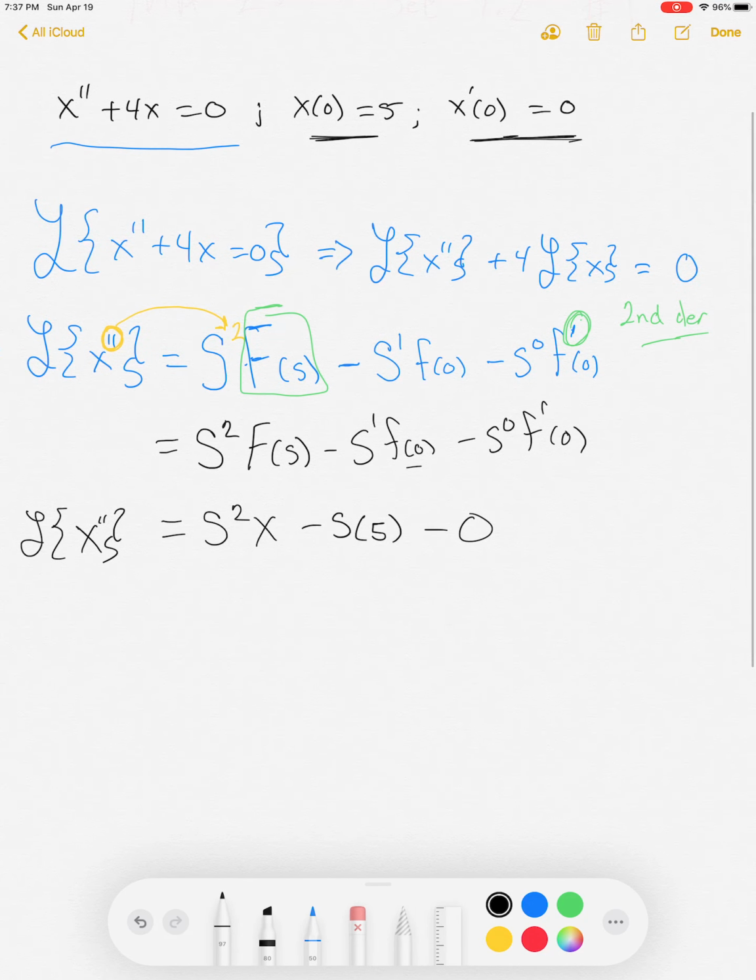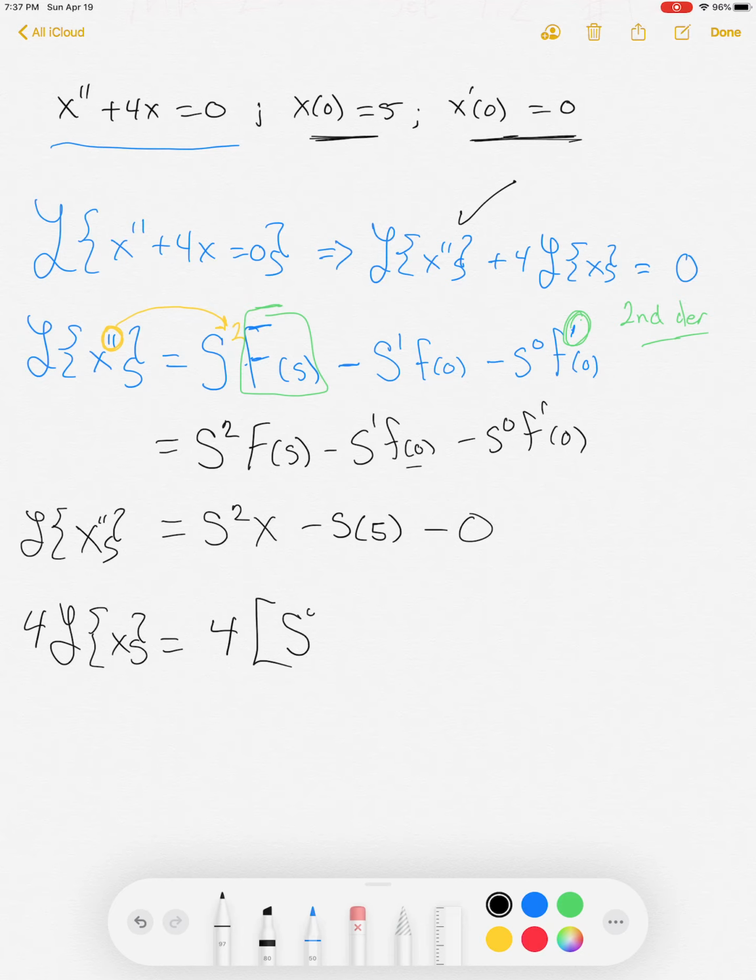Now I've taken care of this part, I also need to find the second part. So 4 times the Laplace transform of x equals 4 times, and then the Laplace transform of x. So I always have capital S, but how many derivatives do I have here? I have 0 derivatives.